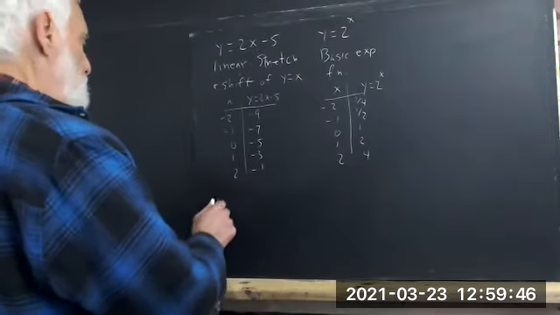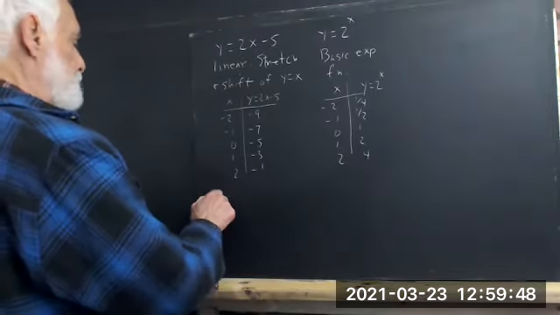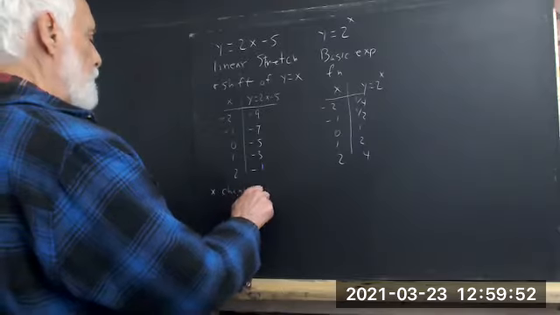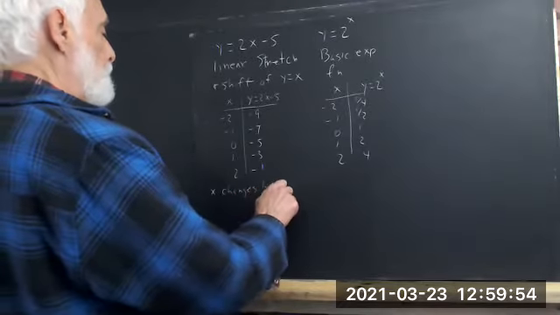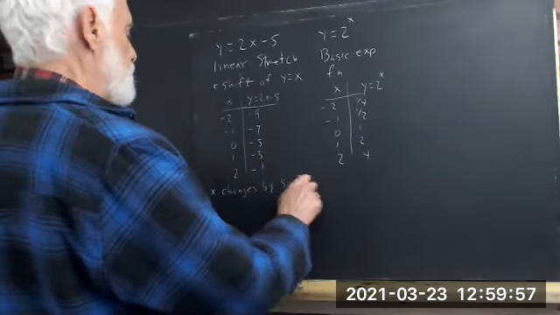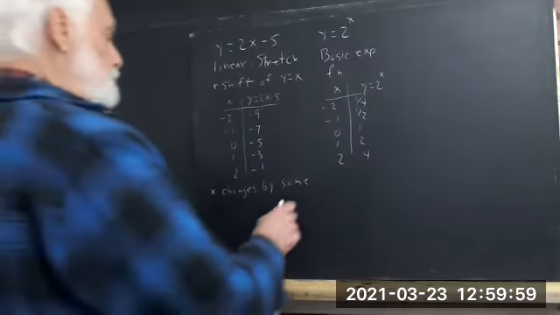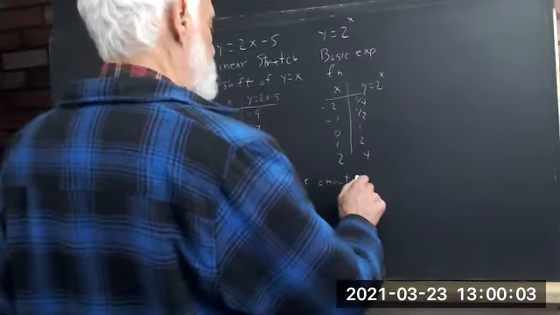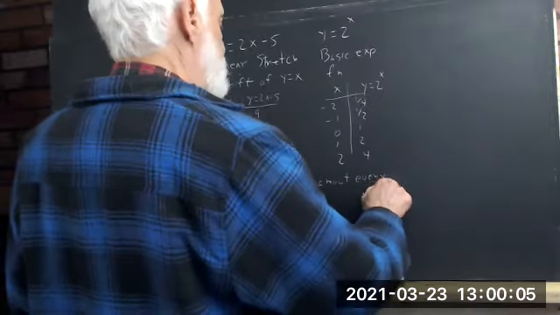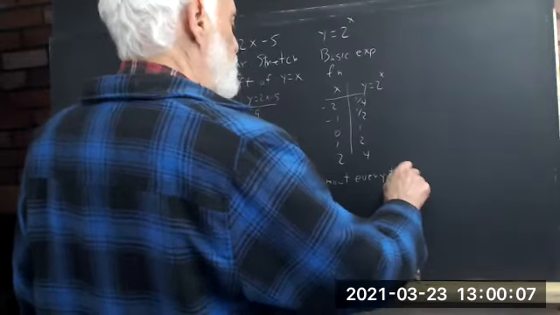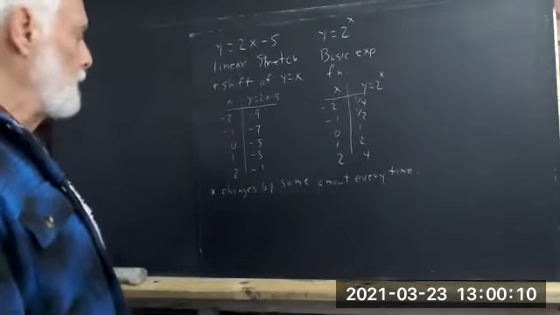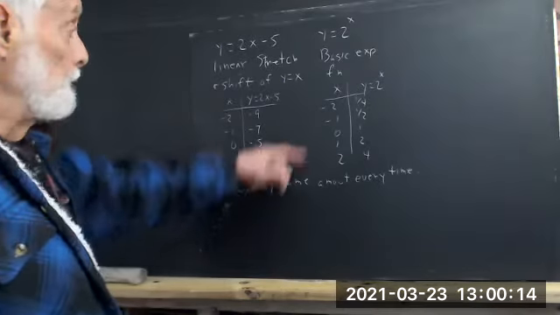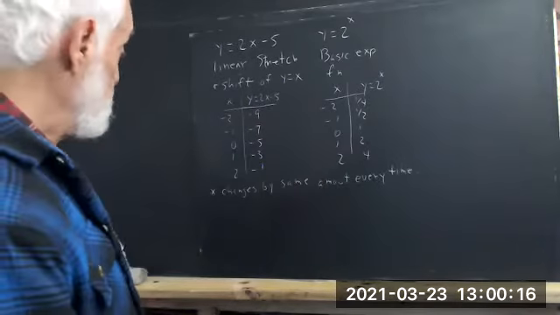Okay, so x changes by the same amount every time. X always changes by 1 as we go down the table, either this table or this table.